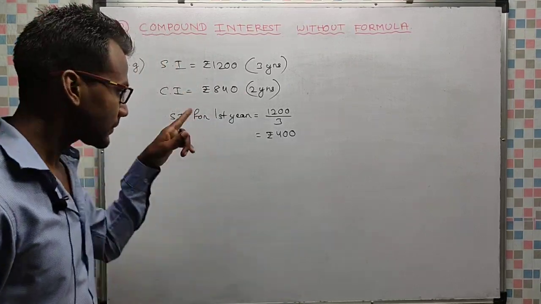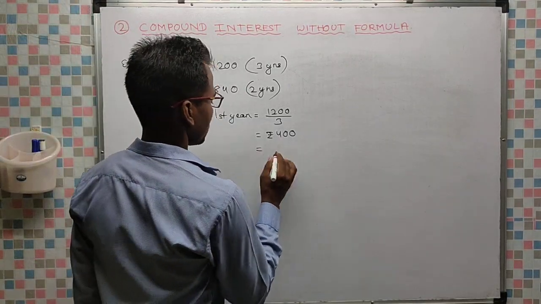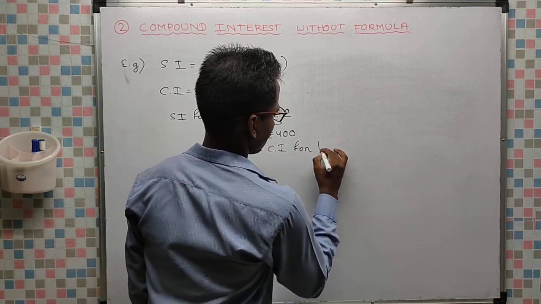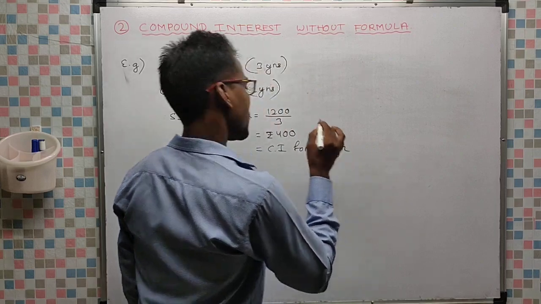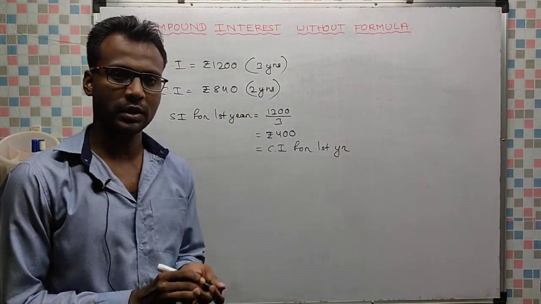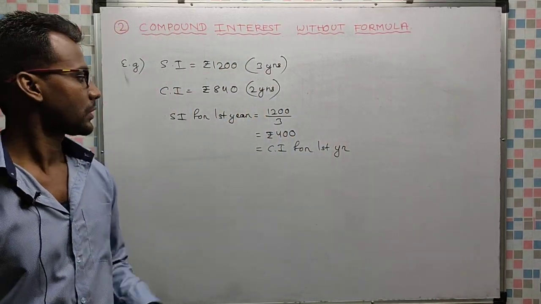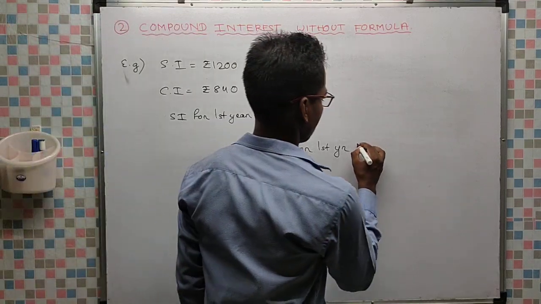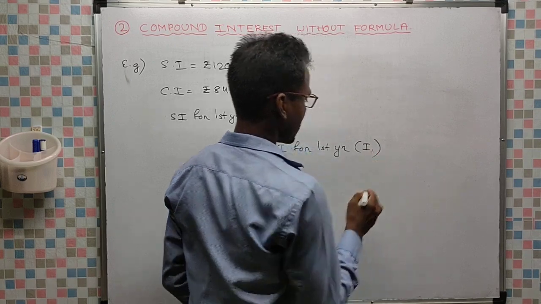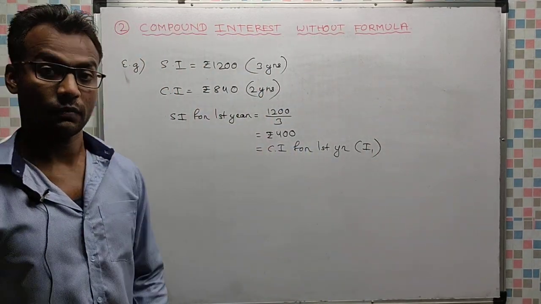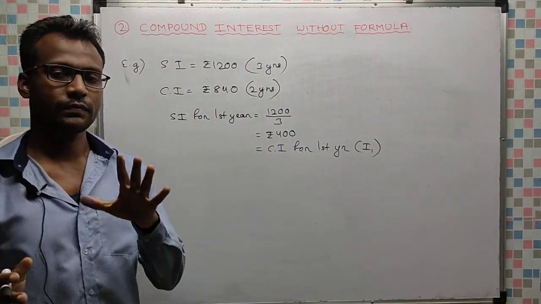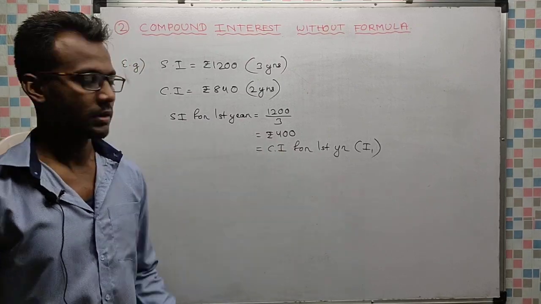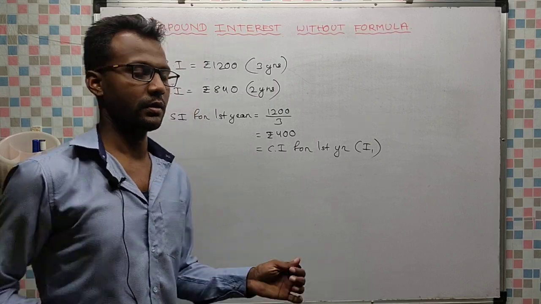Okay, we can say compound interest for first year is also 400 rupees because the principal is same, rate is also same. So CI for first year means I1. I1 is rupees 400. It was not given. Interest for first year was not given. We used our concept and found it. I1 is rupees 400.